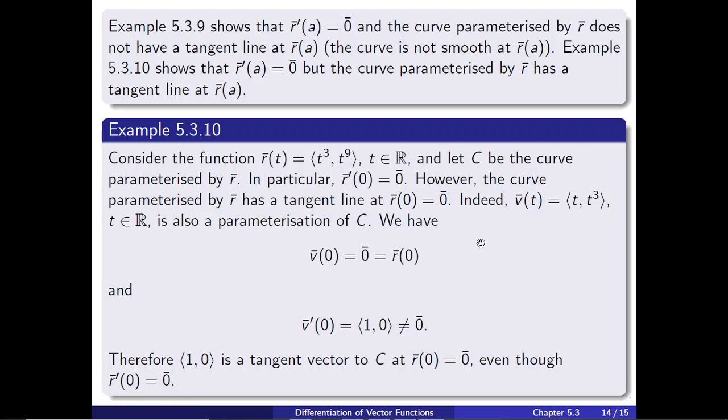So we use the fact that this curve can be parameterized in two different ways, and that v of t gives us a non-zero vector here, to conclude that the curve has a tangent vector at the point that we are looking at.